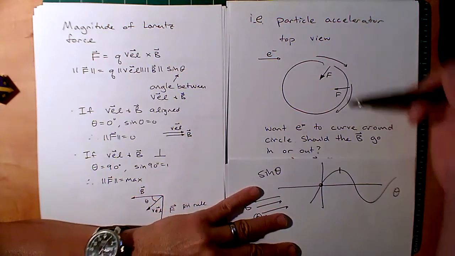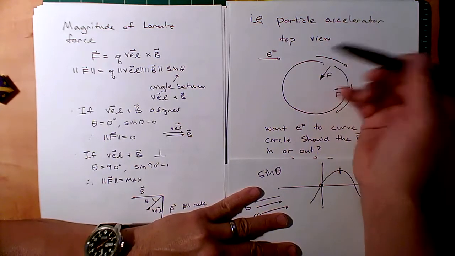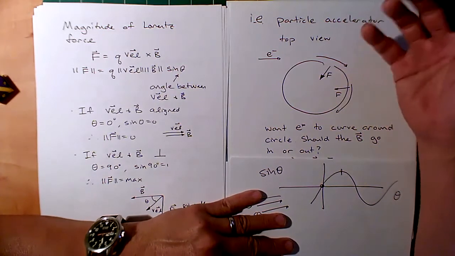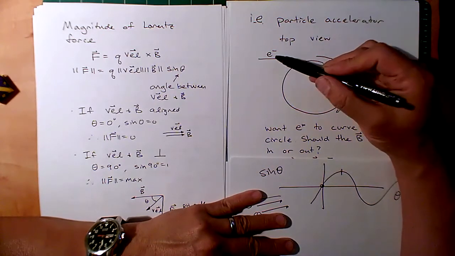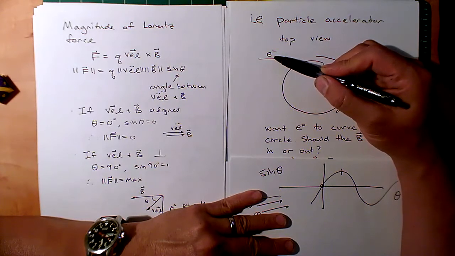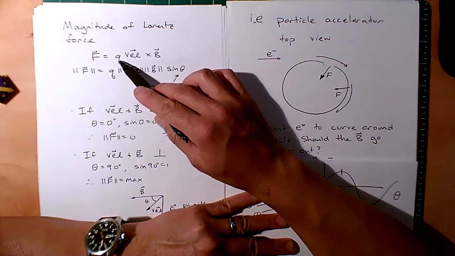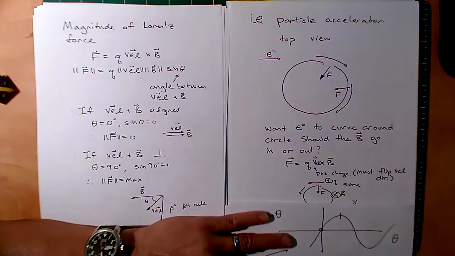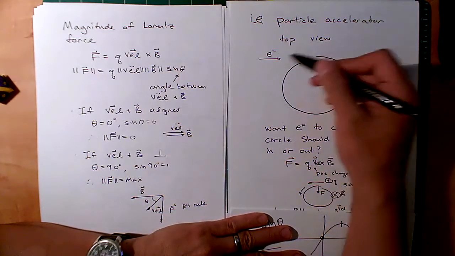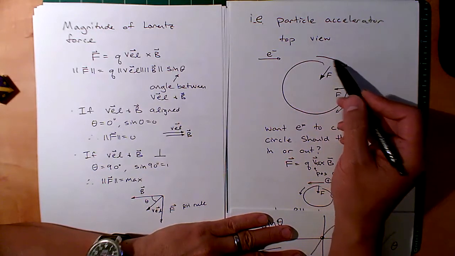And so the question is, should we have a B that goes in or out of the page? Now, if you recall from E250 a year ago when we took circuits, this is a negatively charged particle, an electron, but this equation applies to a positively charged particle. An electron going clockwise is the same as a positive charge going counterclockwise.